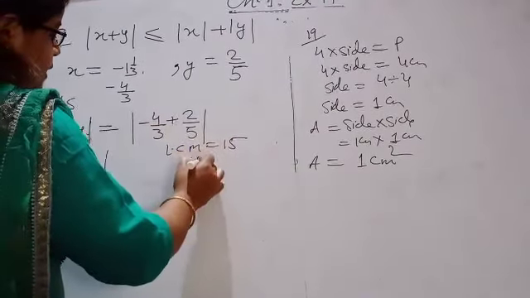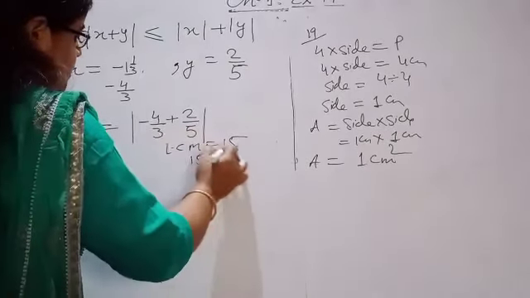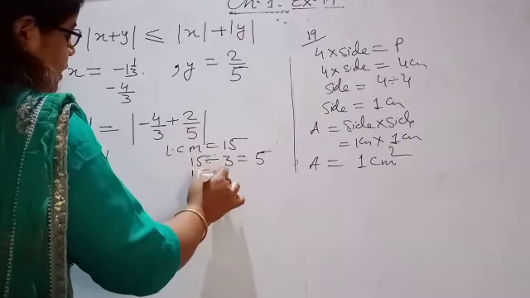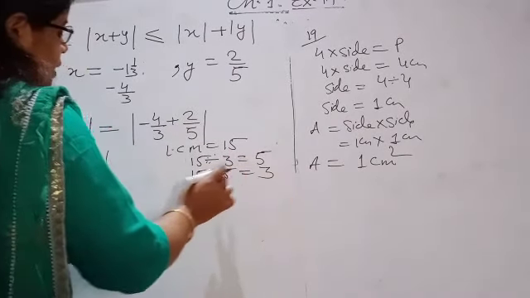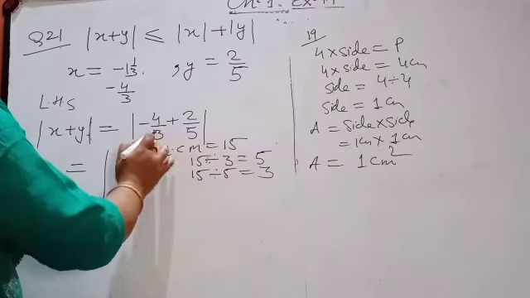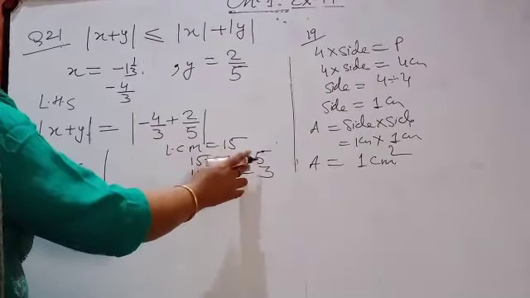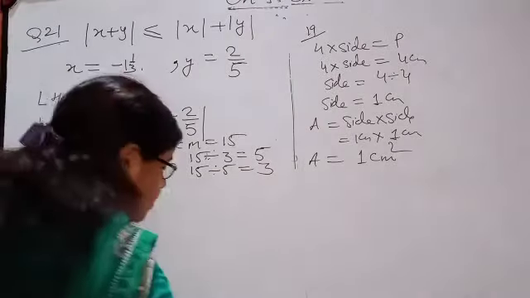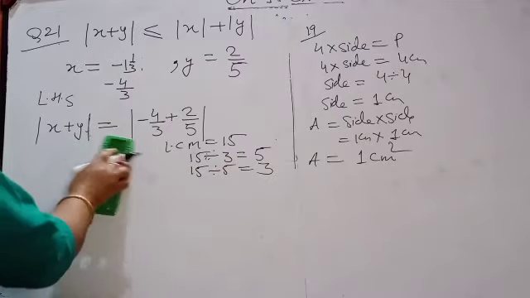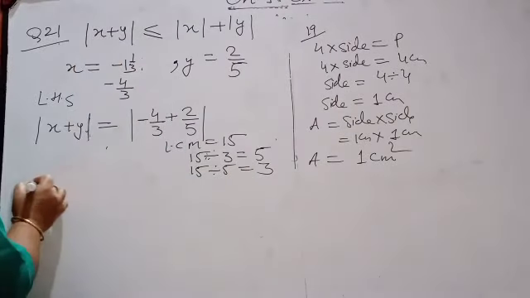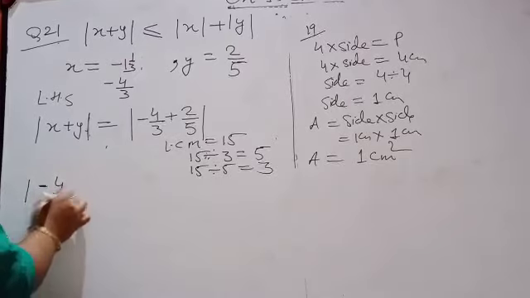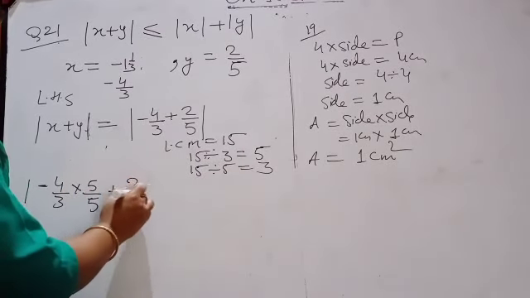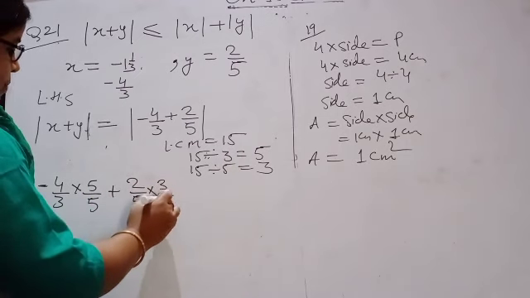See, 15 divided by 3, how much will you get? 5. And 15 divided by 5, what will you get? 3. It means the first fraction will be multiplied by 5, because 3 is there. So minus 4 upon 3 multiplied by 5 upon 5 plus 2 upon 5 multiplied by 3 upon 3.